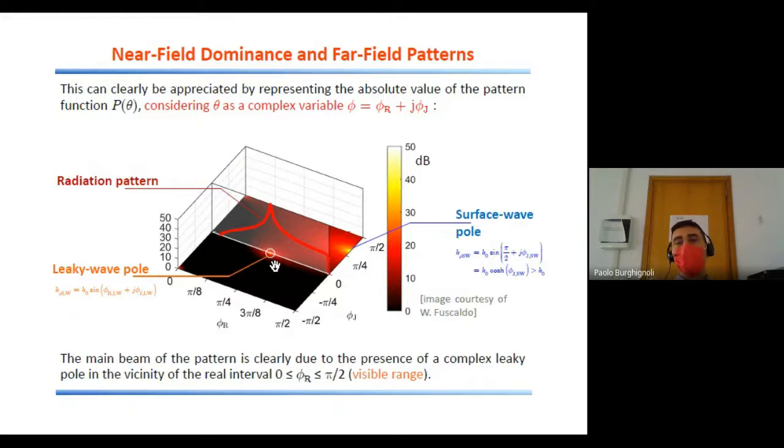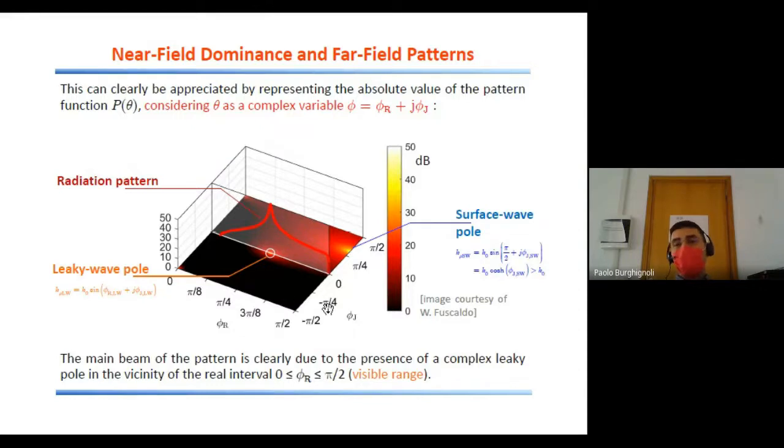So we have a simple link between the angle of the main beam and the phase constant of the leaky mode. Of course, if you let the leaky pole go closer and closer to the real axis, that is, if you decrease its imaginary part or its attenuation constant, this spike will be more and more important. It will be higher in value and narrower in width, so you will get a more directive pattern.